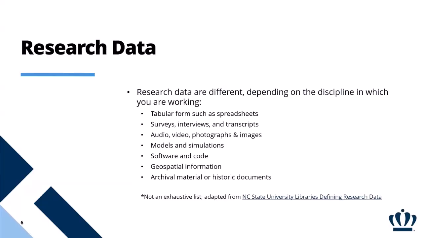So depending on your discipline, what are considered data can and will be different. It all depends on the context of your research. So any of these might be considered data, including spreadsheets, surveys, audio and video, model simulations, archival material, and historic documents.